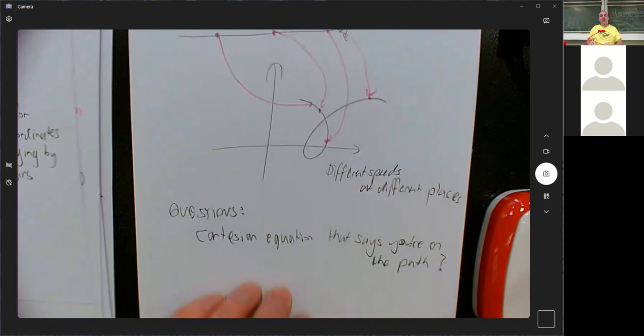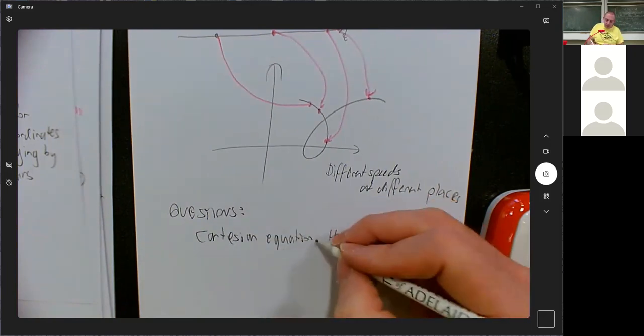So something involving just x and y, or in 3D x, y, and z. But I don't think they do it in 3D for this question.